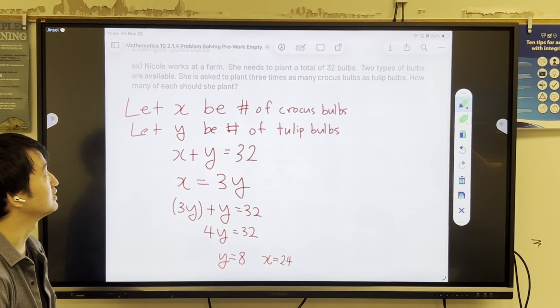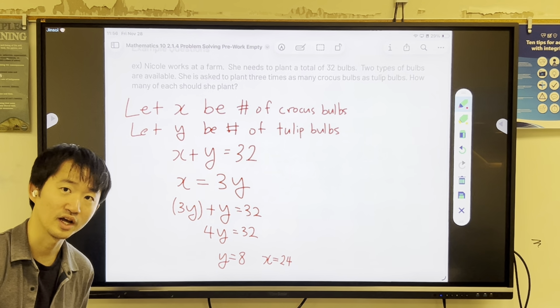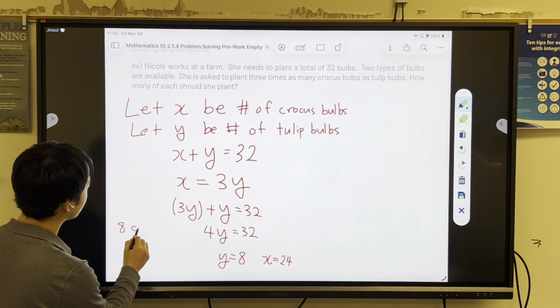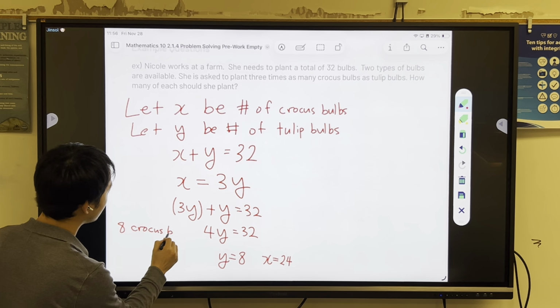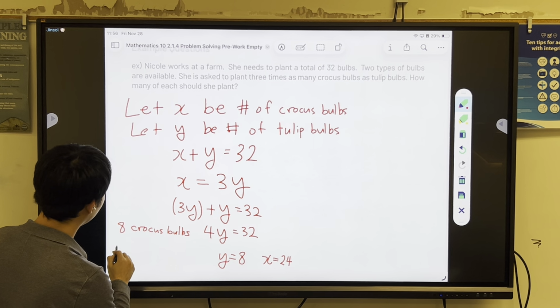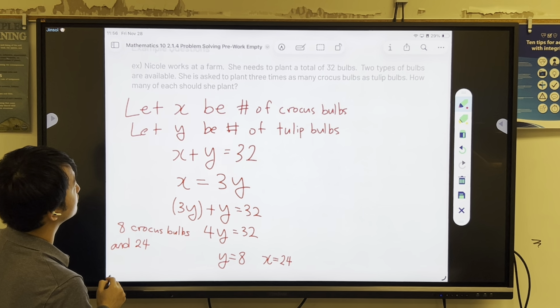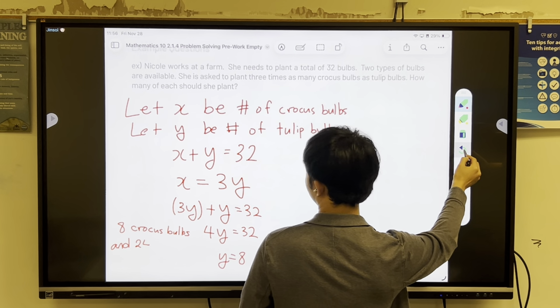You don't want to leave your answer like this. When you solve a word problem, you should answer in words. So that means I have 8 crocus bulbs and 24. My bad, that's the other way around.